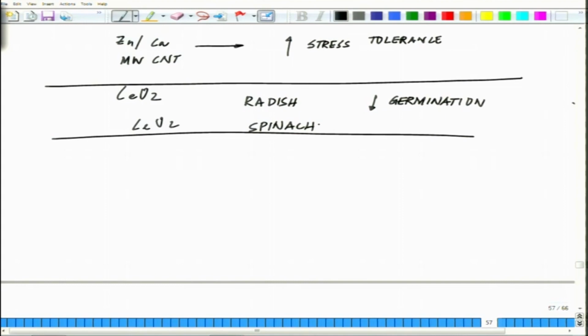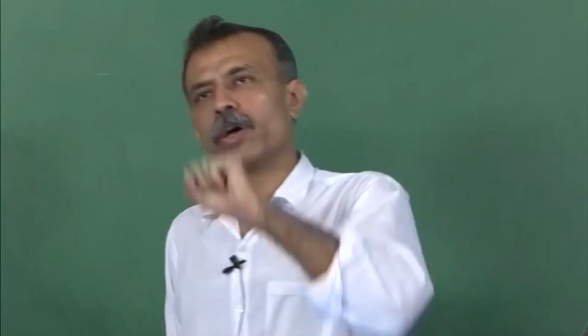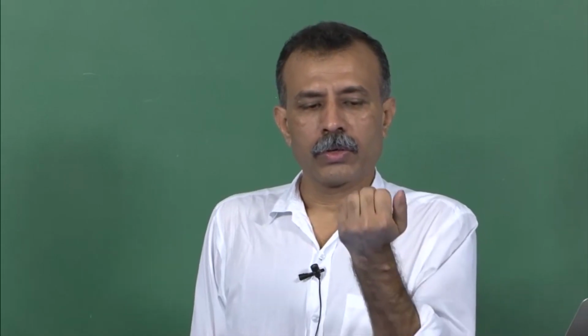Why does it slow down the germination? This is an interesting question which we try to answer, because if you remember, germination is promoted by removing the blockage offered by antioxidant enzymes towards amylase functioning.